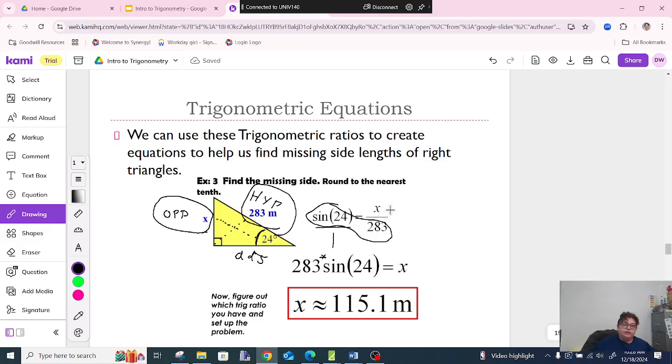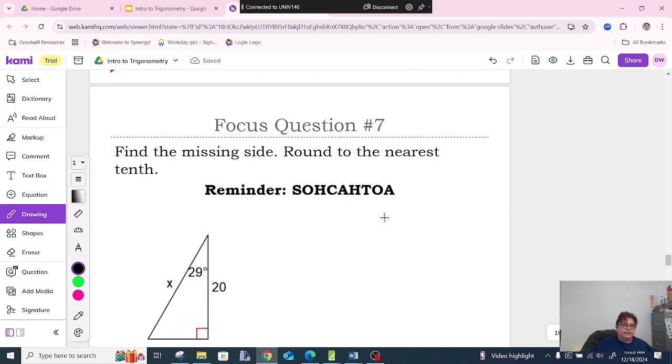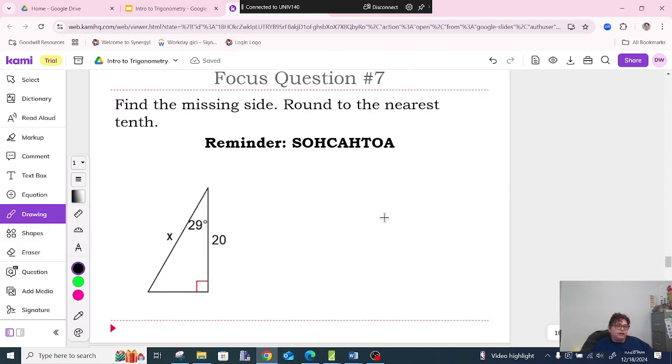Okay? So let's try this next one. Where am I going to place my finger before I even start? At the 29. Where the degree is where you put your finger. Because I have to label this triangle before I start. So across from the 29 is what? Opposite.